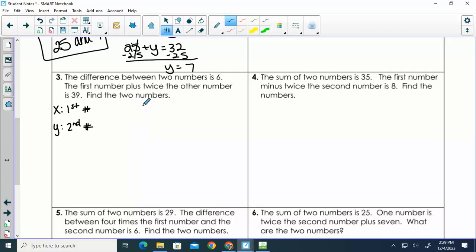All right. The difference between two numbers is 6. So what would we write?